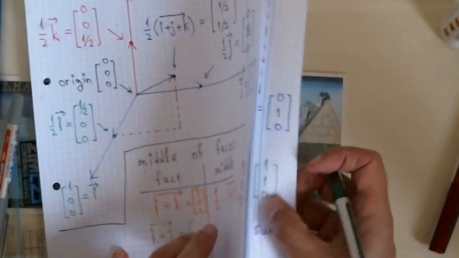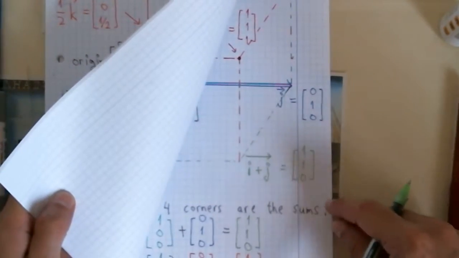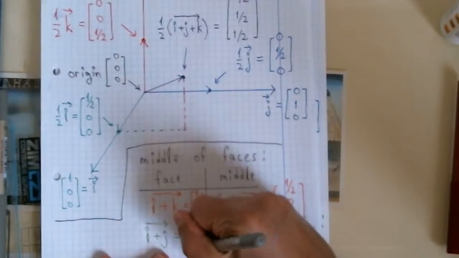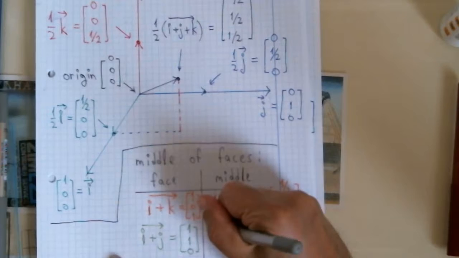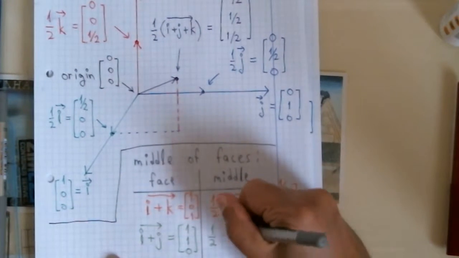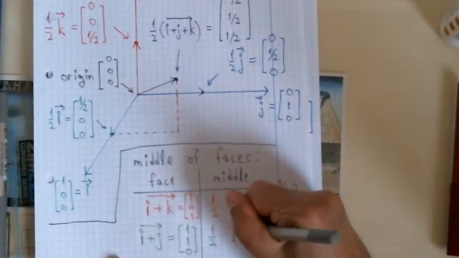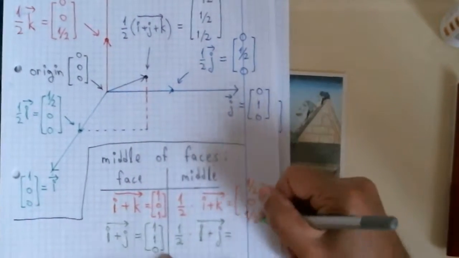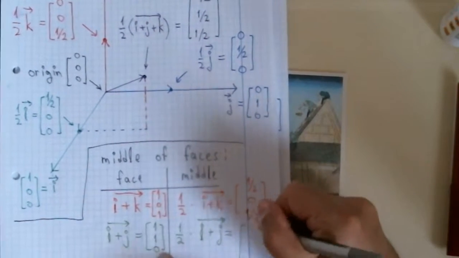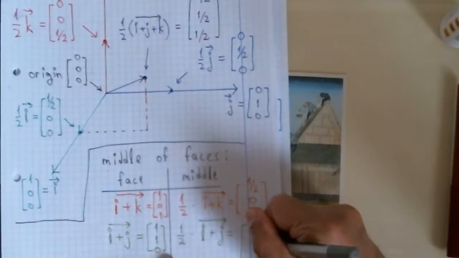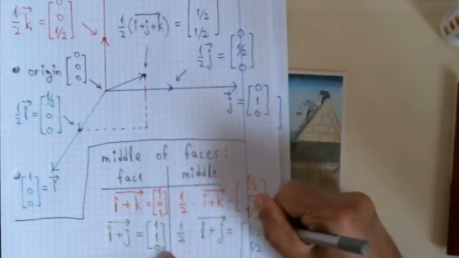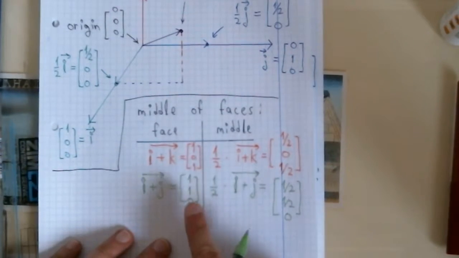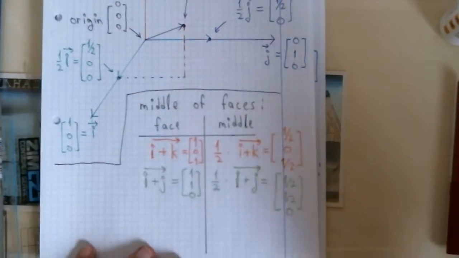Half of it would be half, half, and 0. Each component gets multiplied by the half.